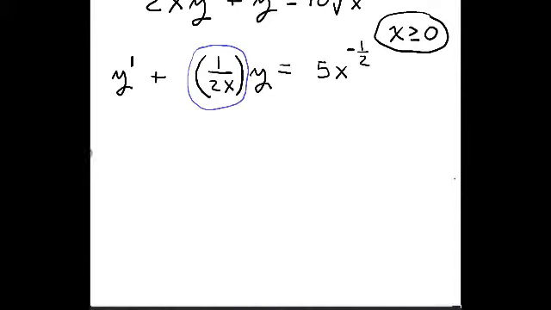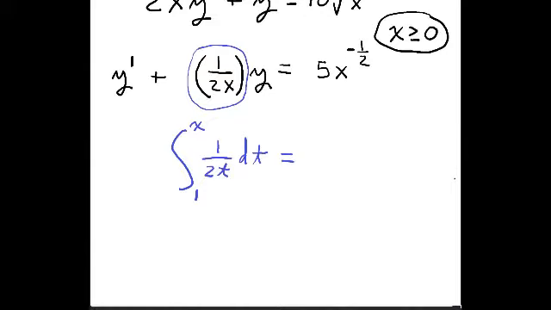I'm going to find a definite integral of that, from 1 to x, of 1 over 2t dt.